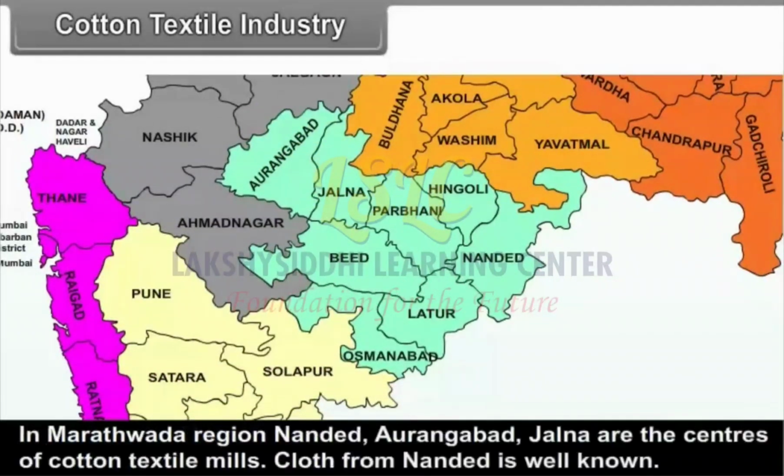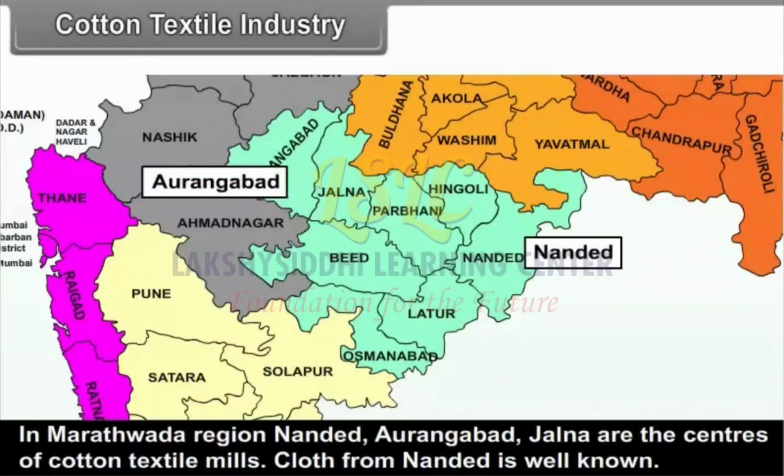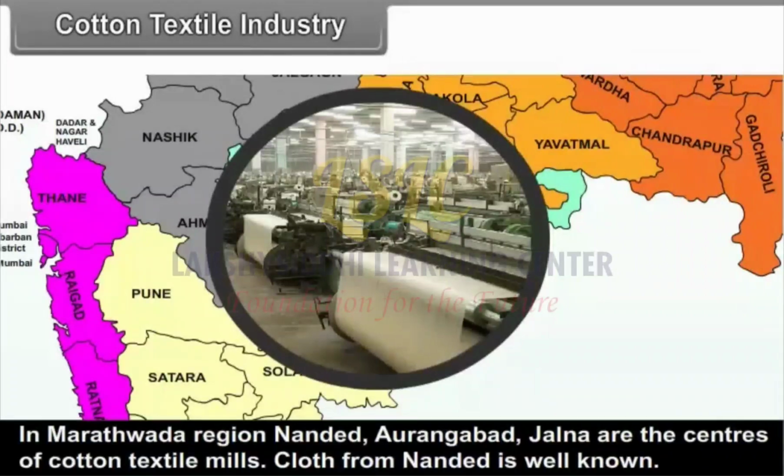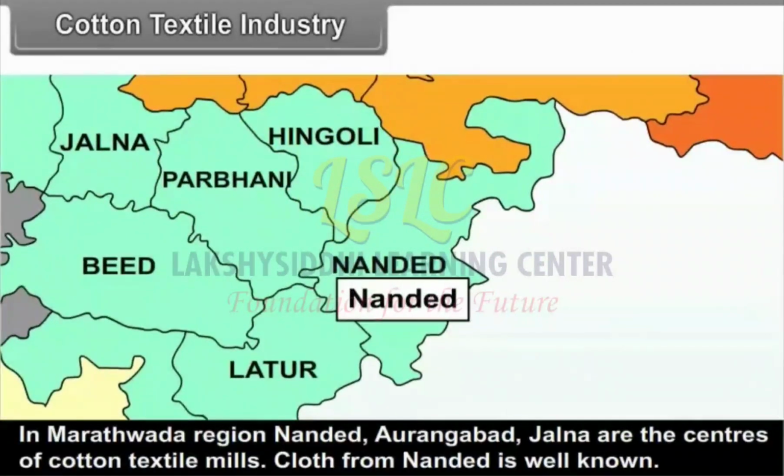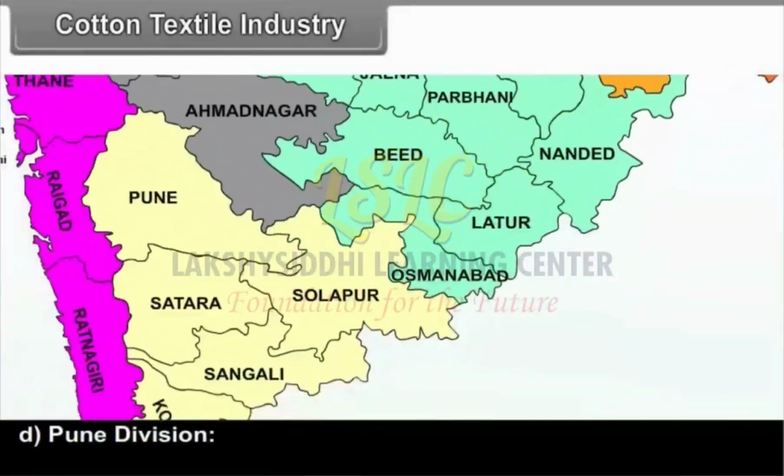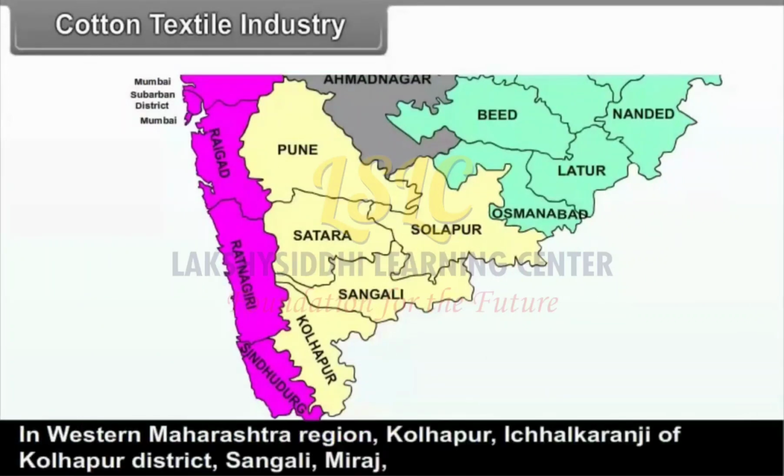C. Aurangabad division. In Marathwada region, Nanded, Aurangabad, Jalna are the centers of cotton textile mills. Cloth from Nanded is well known. D. Pune division.